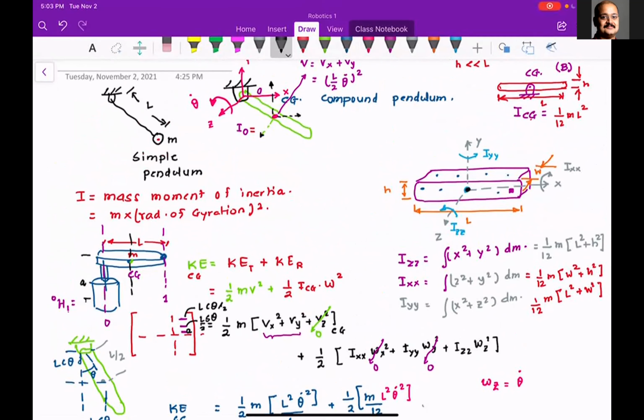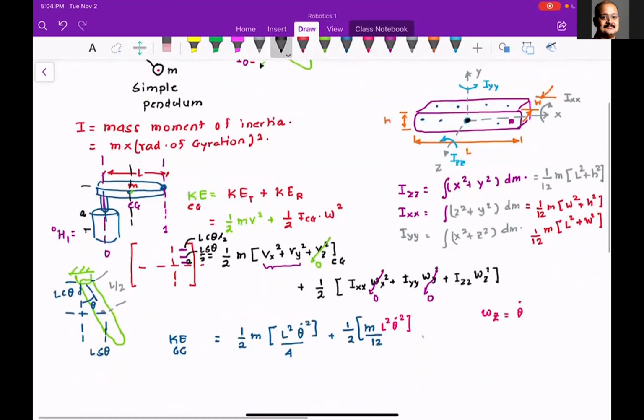This is the same coordinate frame at the CG. I never ever take I anywhere else except the CG, because otherwise you'll land up with products of inertia. You will get an inertia tensor. So that will actually make your life miserable. So this is how it would be.